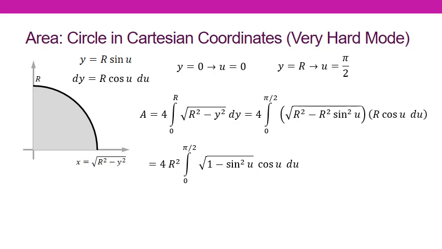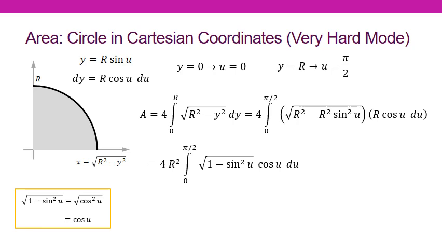Now, I don't want to do that as is. So let's see if we can simplify 1 minus sine squared u. I'm going to remember that sine squared of u plus cosine squared of u is 1. And so I can simplify 1 minus sine squared u to be cosine squared u, and that's under the square root.